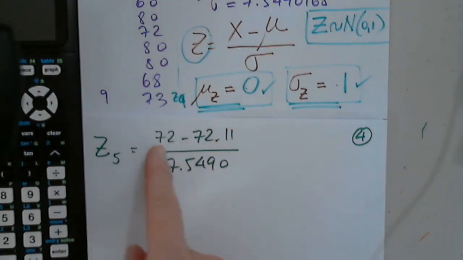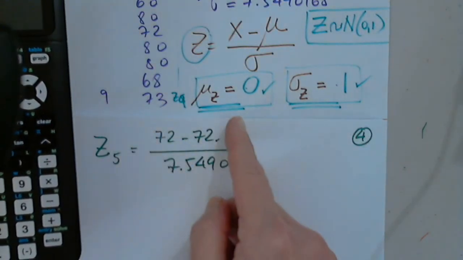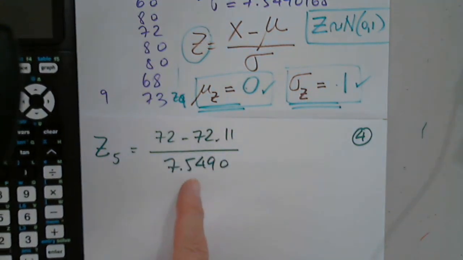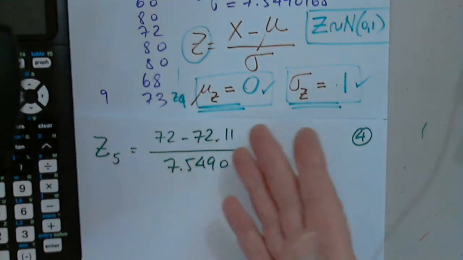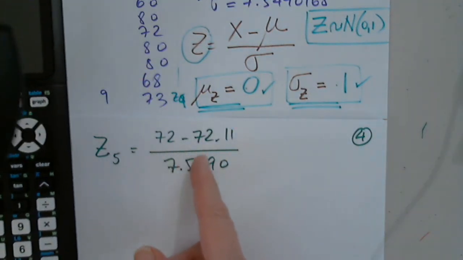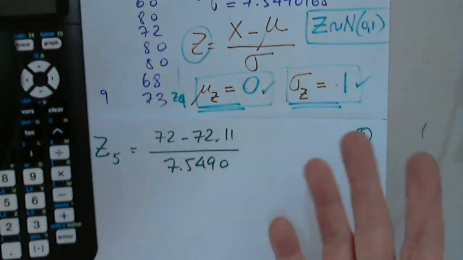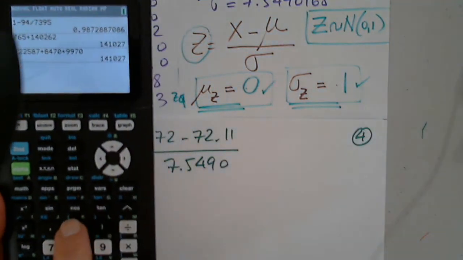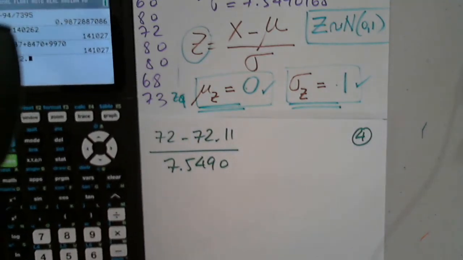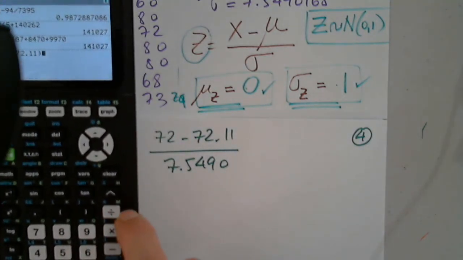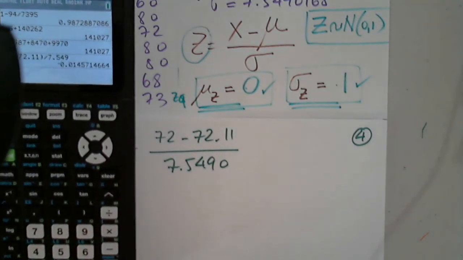Careful, if you determine this in your head, that's fine, but otherwise you have to put parentheses around the numerator. Do not divide without putting parentheses. Now, if you already write the number, which is 71.989, then you don't need to. But if you don't, please remember 72 minus 72.11, close, and then divide by 7.549.